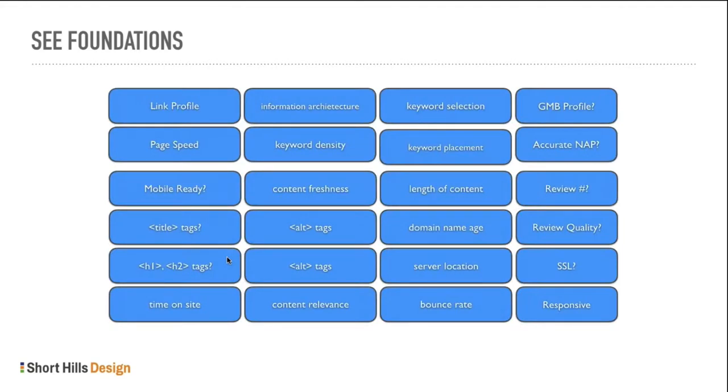Let's take a look at some of them. Some of them you can see here are the speed of your page. That's one of them. Is it mobile ready? That is, does it pass Google's smartphone test? Do you have title tags for each page? Do you have header tags? Let's see here. Alt tags, I put that twice, but those are important.